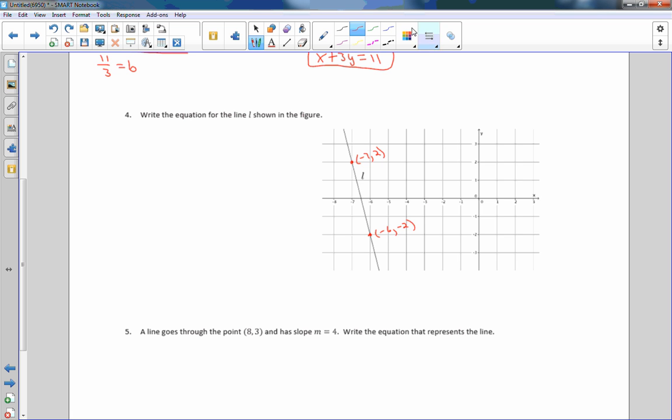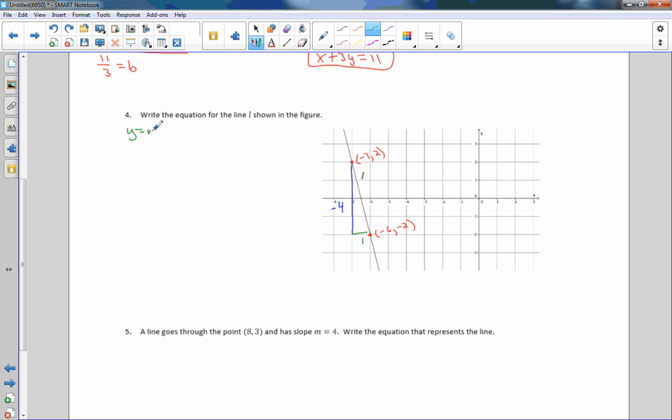Since it's on a graph, let's just do the rise over run. That is a distance of 4 in the downward direction, and then I go to the right 1. So if we only move 1 unit to the right, negative 7 and negative 6 is a distance of 1. Your slope is your rise over 1, which is just your rise.